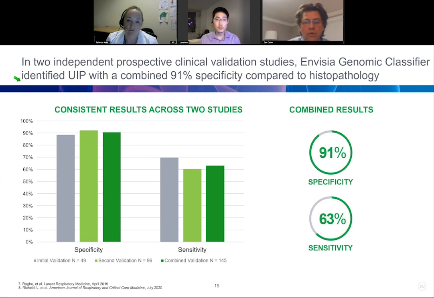If you have a negative call, remember the sensitivity is only about 63%, so you cannot take a UIP pattern off the table. The other thing that I think is very important to know is that you are diagnosing UIP here. You're not diagnosing IPF. So other things that can cause UIP can be called as UIP by the genomic classifier.